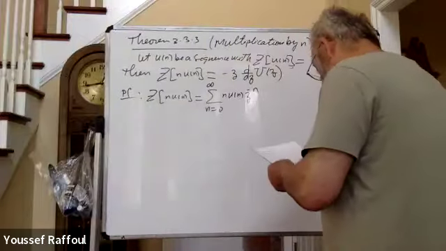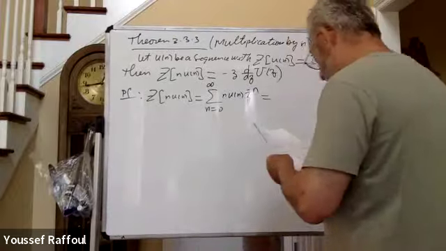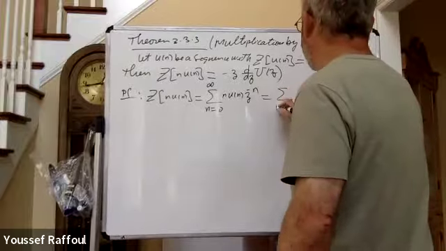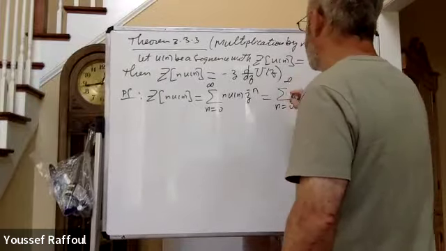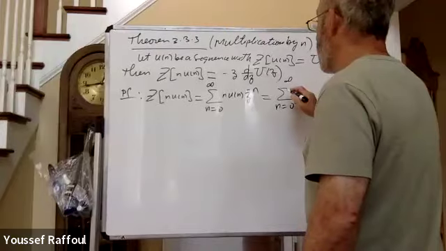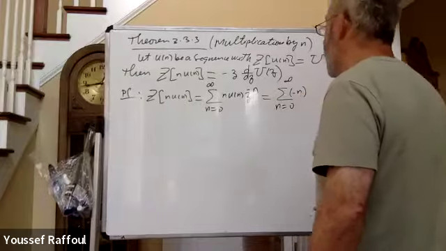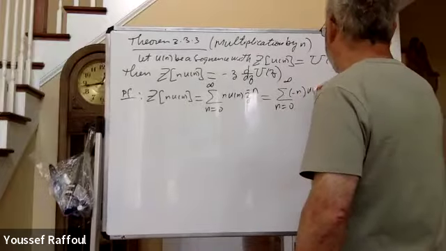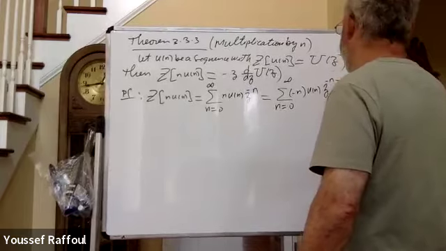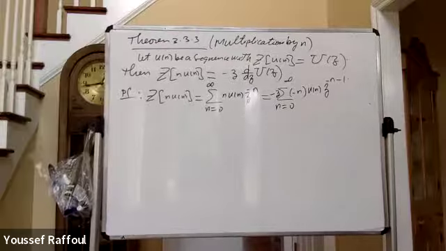Now, I can write this as the sum from n equals 0 to infinity of minus n u_n z^(-n-1), and I multiply by minus z.